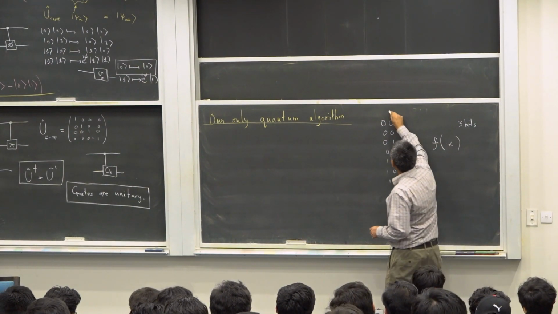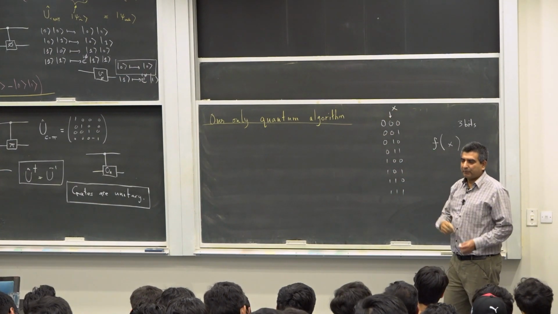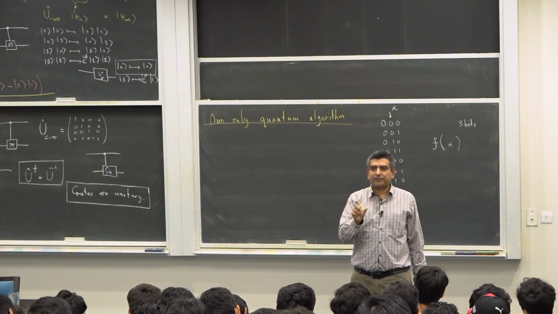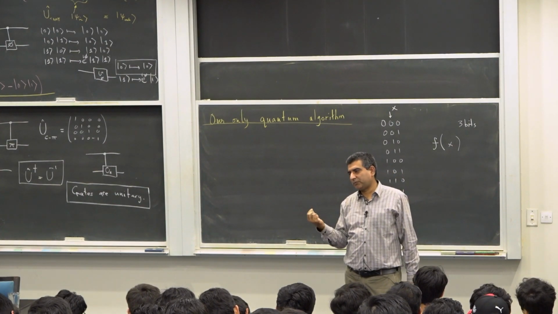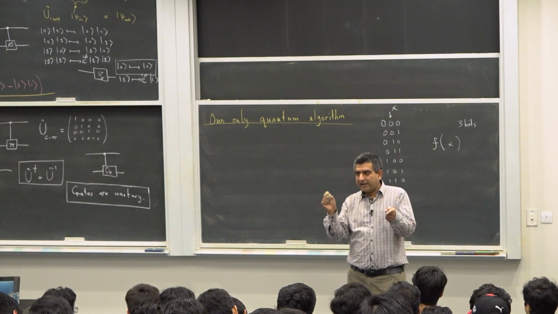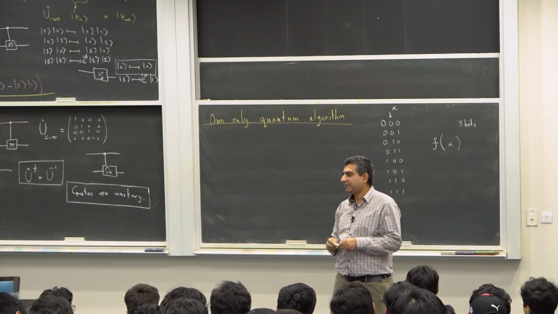All of these are sequences, all of these are x's, and there are 8 kinds of x's. The function has 2 outputs, 0 and 1. So it takes a 3-bit string and outputs a single bit. The single bit is 0 or 1. That's what the function does.